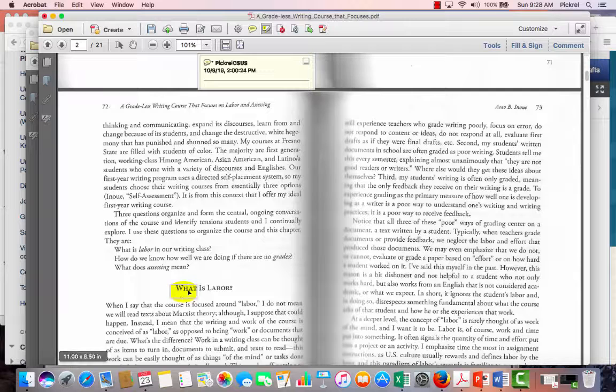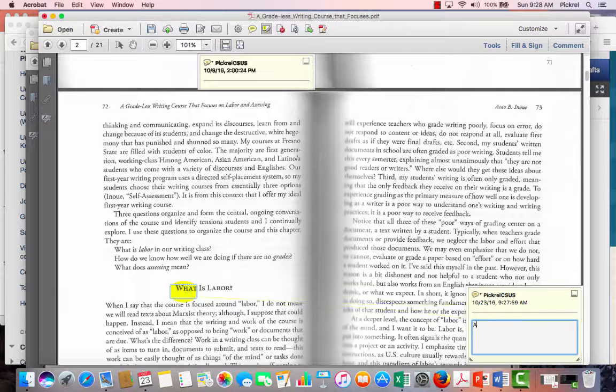And here I might make a note. The author uses a heading to designate the first main section.